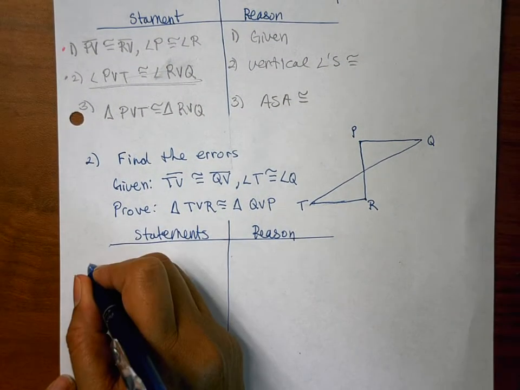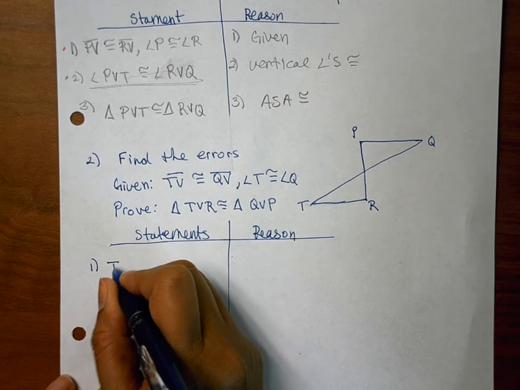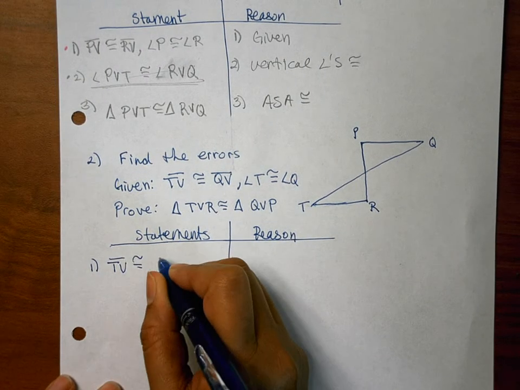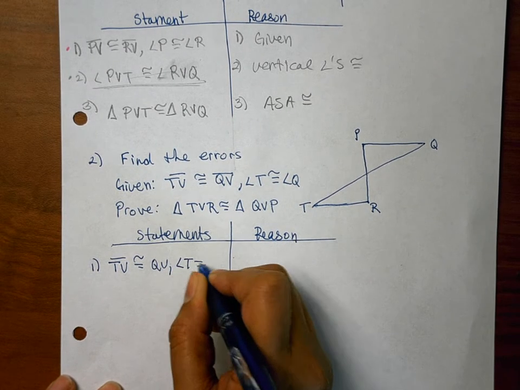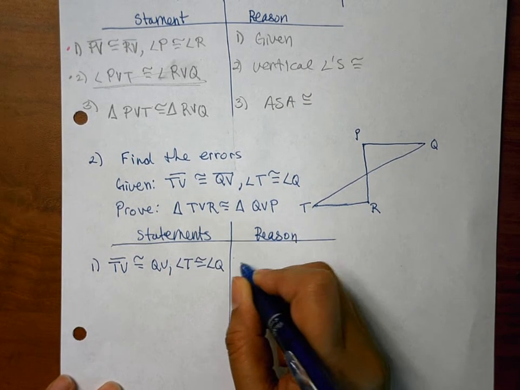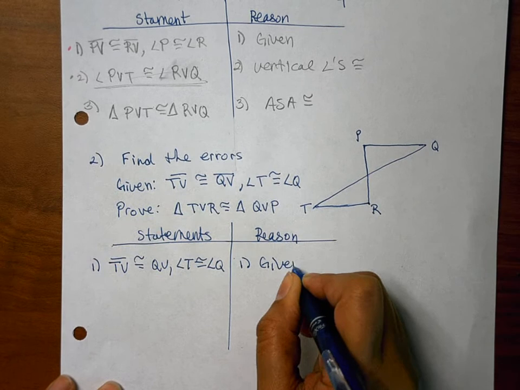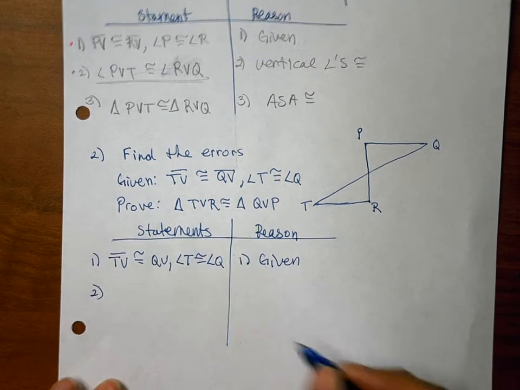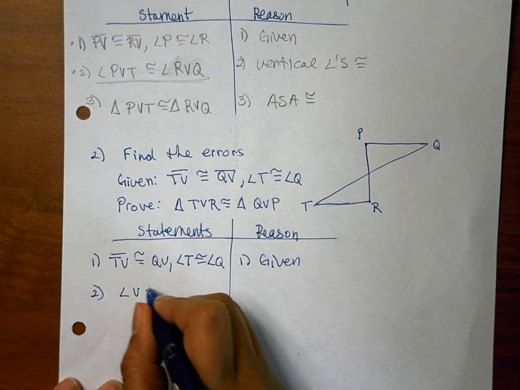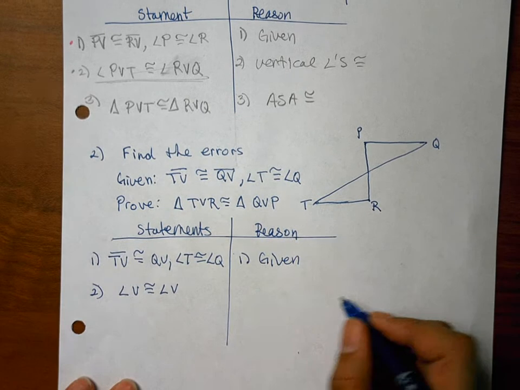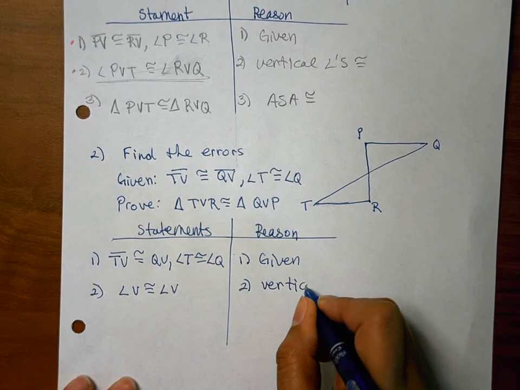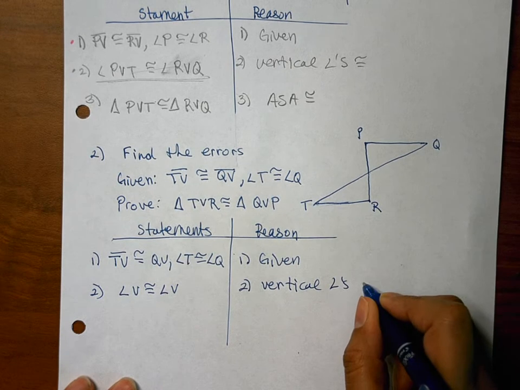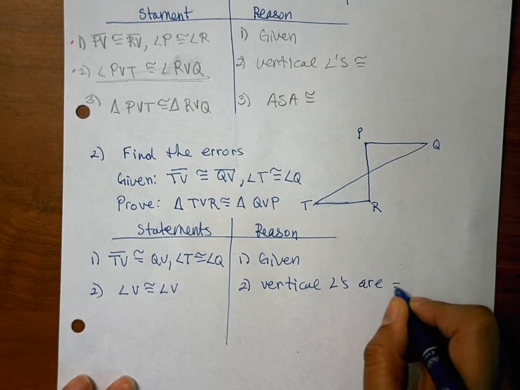Number 1, TV is congruent to QV. Angle T is congruent to angle Q. Number 1, given. Number 2, angle V is congruent to angle V. Number 2, vertical angles are congruent.